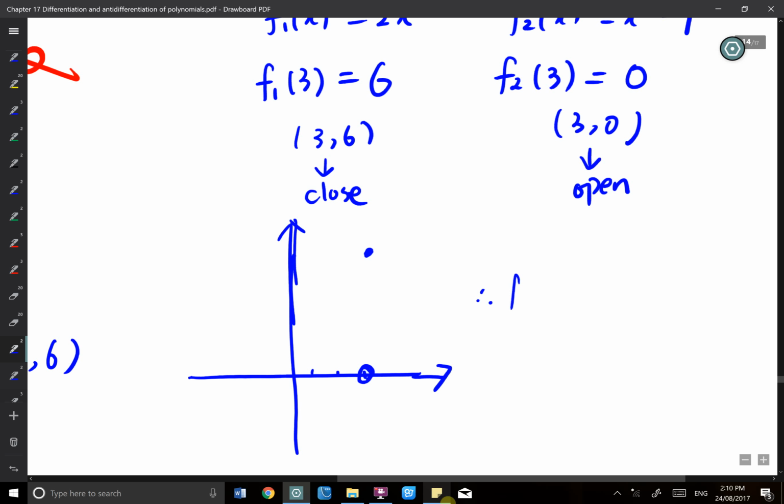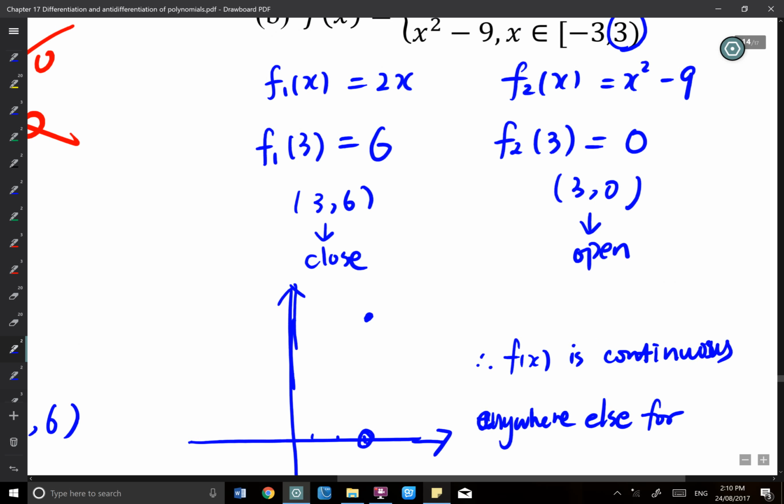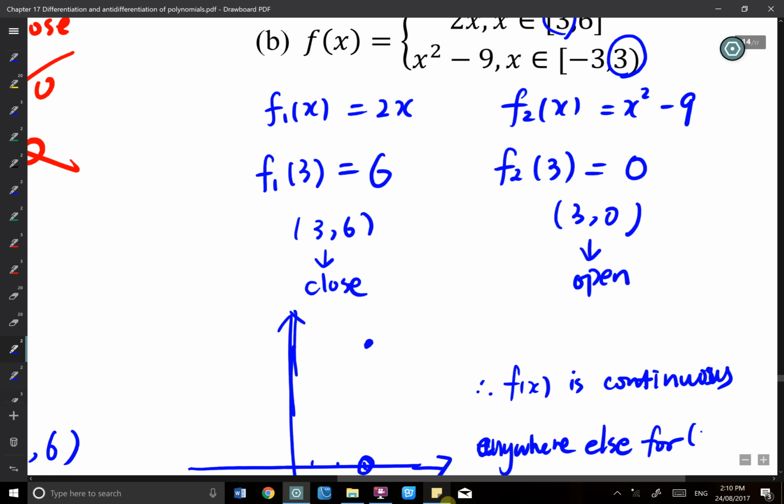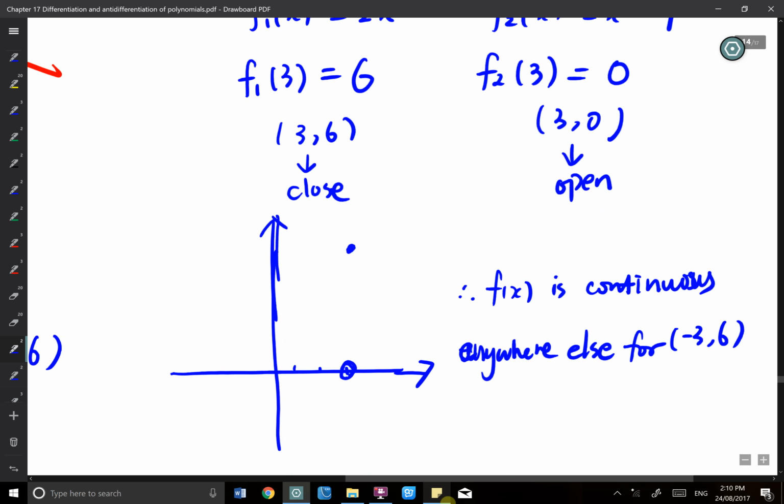So f(x) is continuous anywhere else for -3 to 6 except 3.